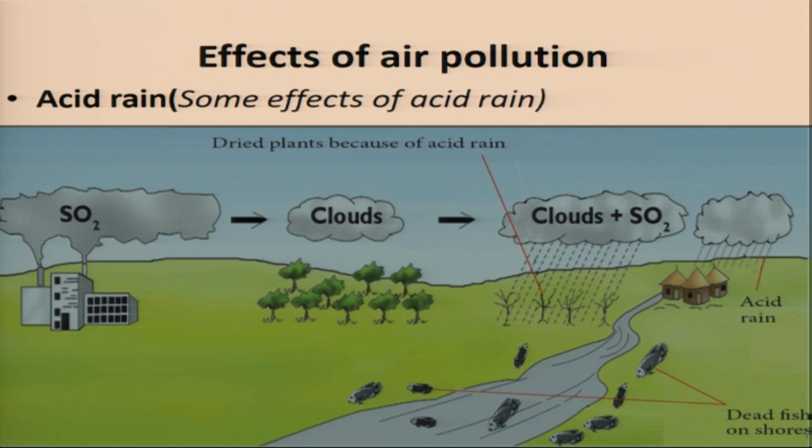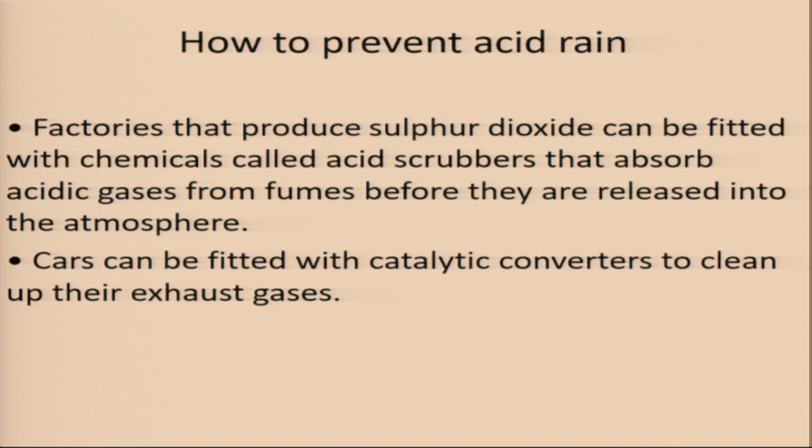So when the pH of the water turns, that is, the acidity of the water rises, these aquatic animals, including the fish, will be affected and eventually die. Therefore, air pollution at the end will come and affect the whole system, the whole ecosystem, all right? So that is the effect of air pollution, all right?